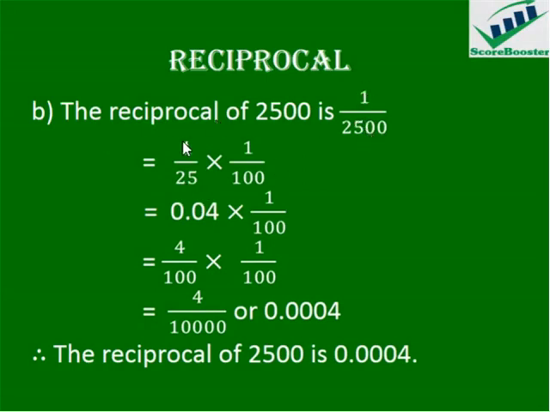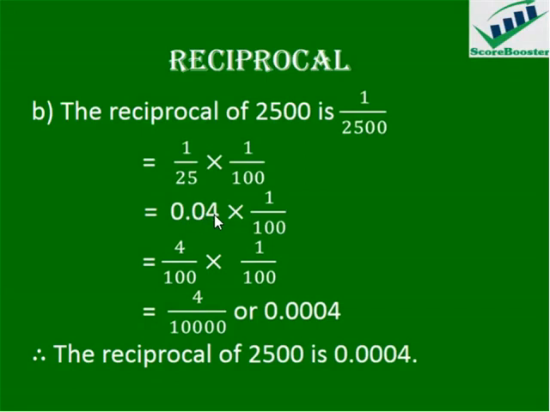And from the question, we've been given the value of 1 over 25 to be 0.04 multiplied by 1 over 100. You convert this to its fractional form. You know how to do that. It's going to be what? 4 multiplied by 10 raised to the power minus 2. We have two numbers after the decimal point. 0.04 is the same thing as writing 4, and how many numbers do we have after the decimal point?